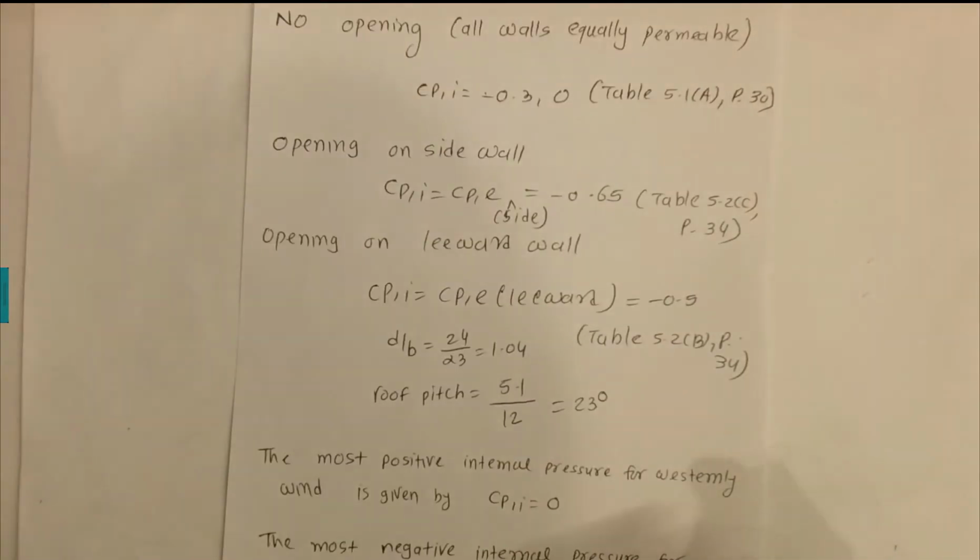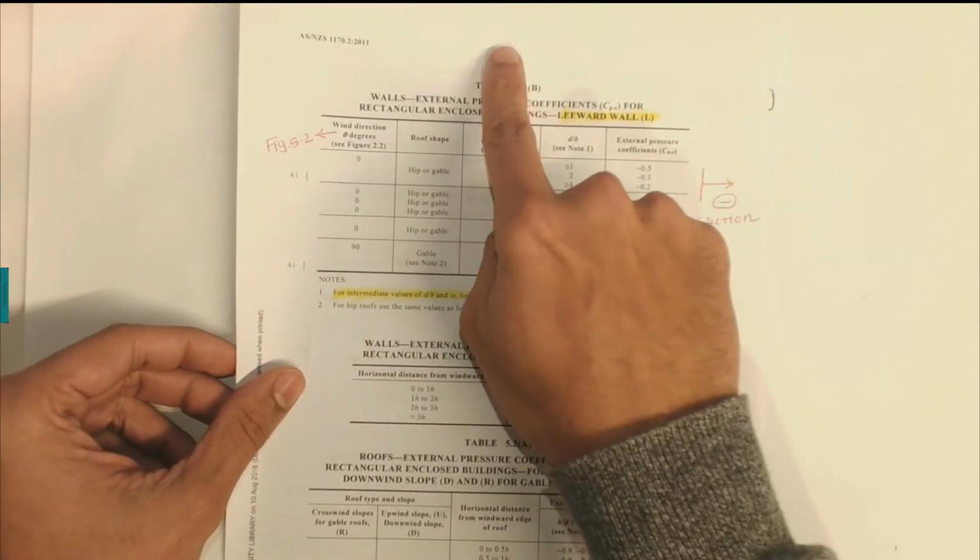So we need to check the CPE value for leeward walls from table 5.2b, page number 34.